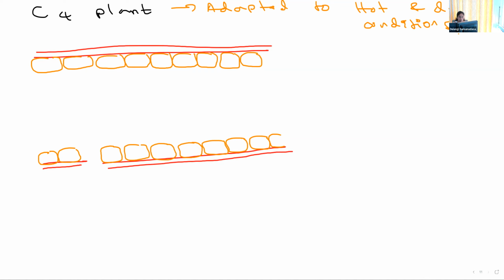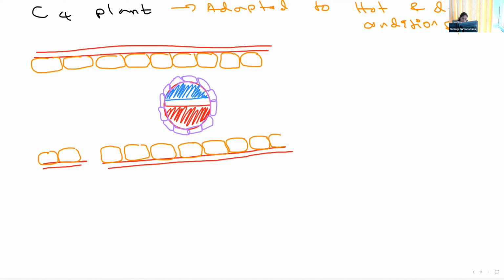A big prominent vascular bundle. Can you highlight the bundle sheath cells?